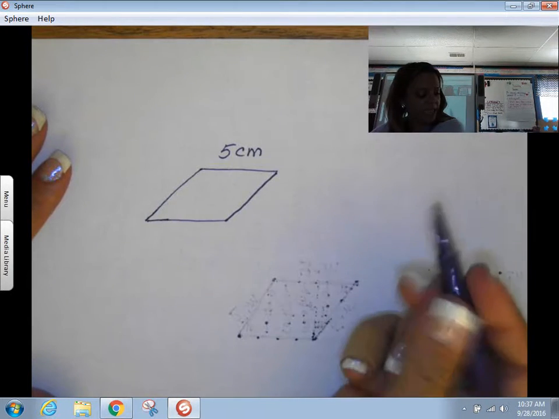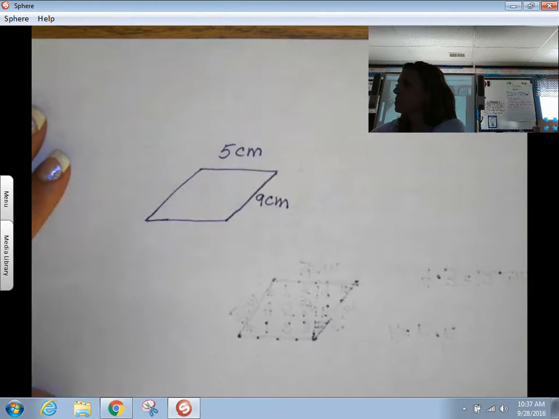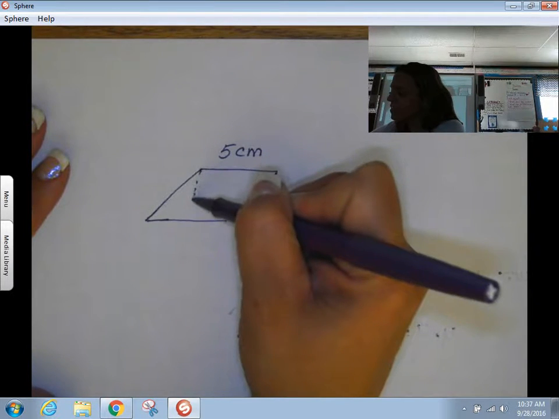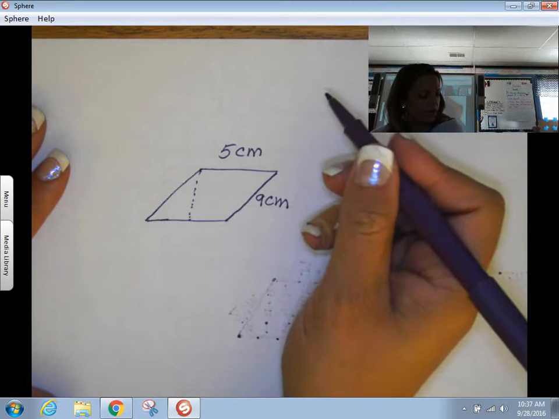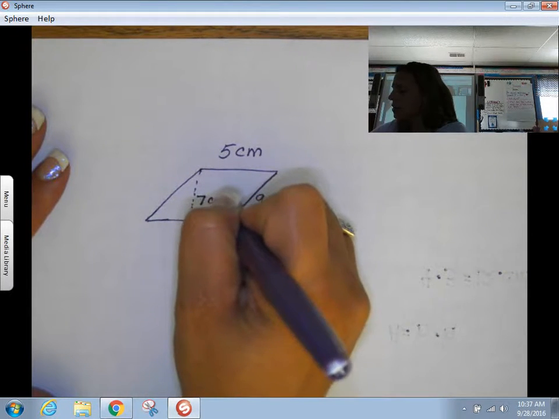And our slanted lines, let's make those 9 centimeters. And this has a height, here's my dotted line, our height is going to be 7 centimeters.